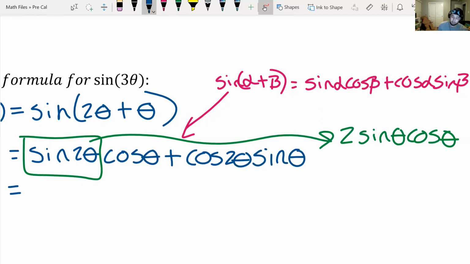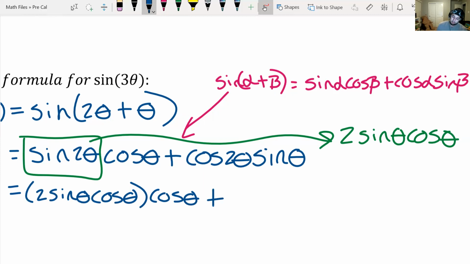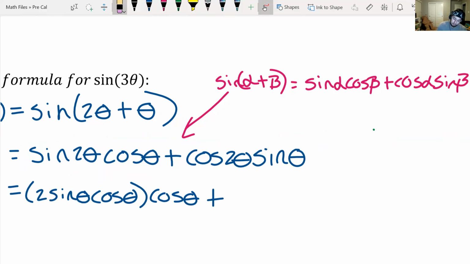So that's what's going in here, parentheses. 2 sine theta cosine theta times the cosine theta that's there, plus, all right, next is putting a formula in for cosine 2 theta.